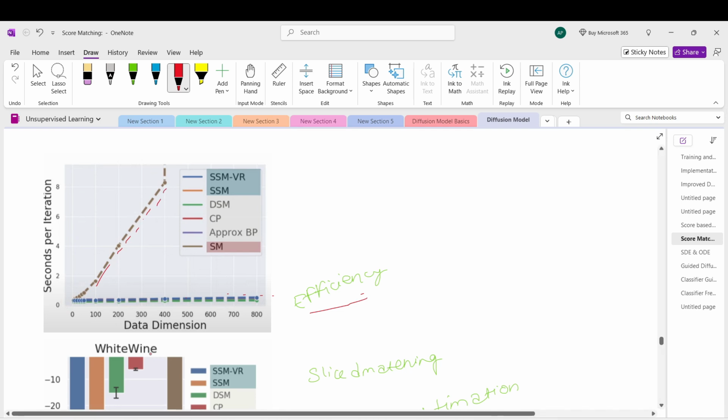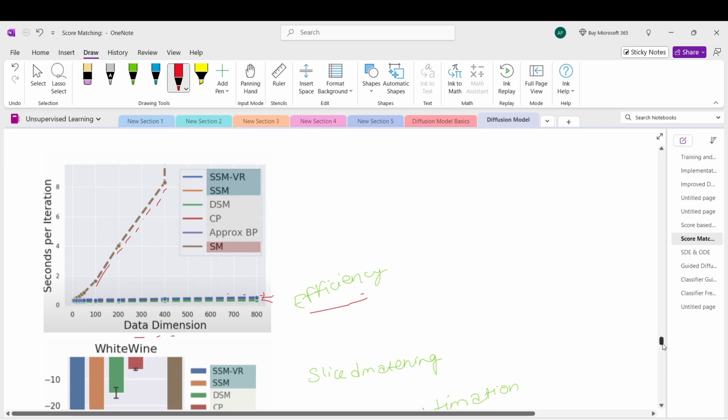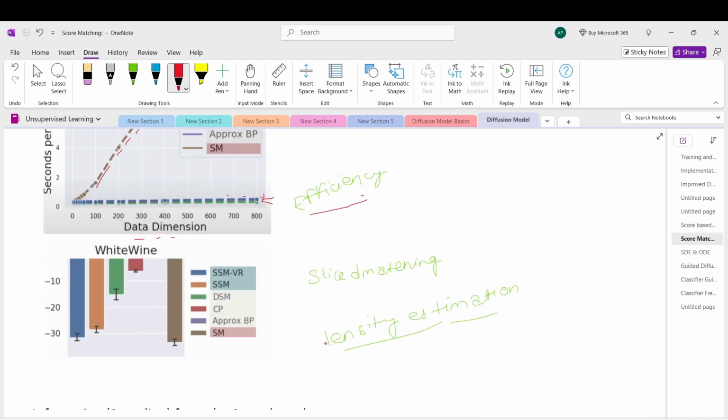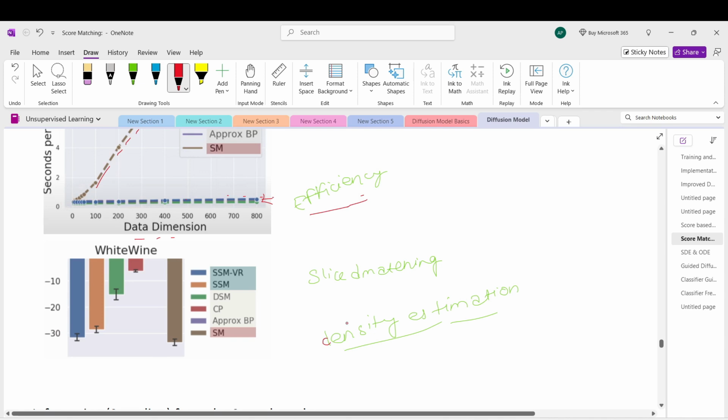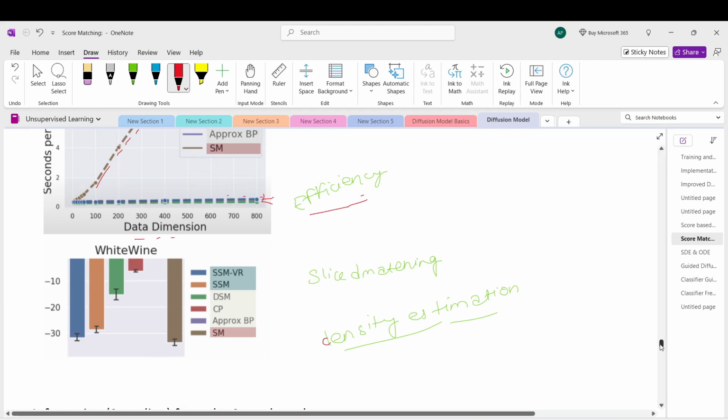The sliced version scales steadily with the data dimension; it does not get affected by the data dimensions. In density estimation, the sliced version actually approximates the actual density.